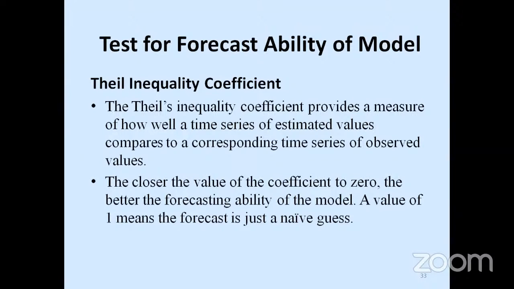It provides a measure of how well the time series of estimated values compares to the corresponding time series of observed values. So the closer the value of the coefficient to 0, the better the forecasting ability of the model. This will be one question; many times I have seen it in papers. A value of 1 means the forecast will not give a right picture. The value of this Theil inequality coefficient should be very near to 0.